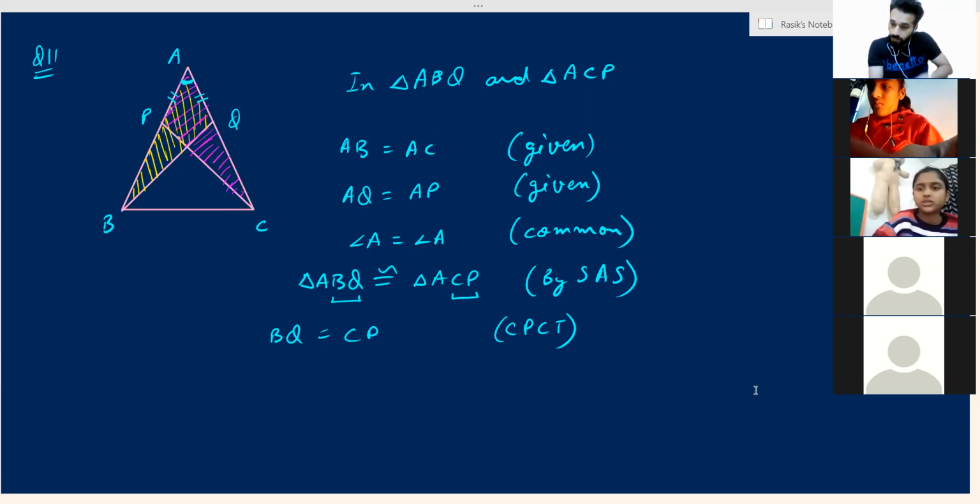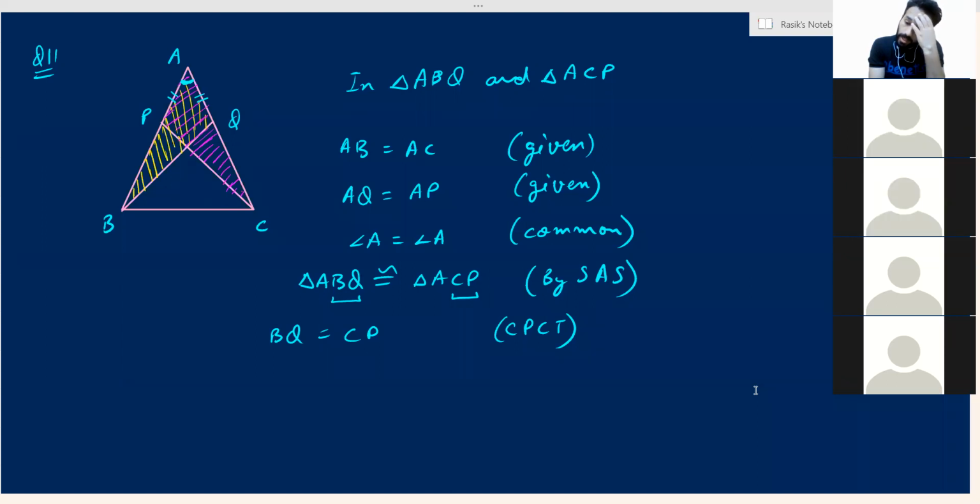Question 12. Beta, Paridhi, in question 12, AD and AE are equal, but how they are equal, this is also what you have to show here. You have to show that AD is equal to AE. Why? By adding equations. We have to add equations to show that they are equal. So which equations we have to add?